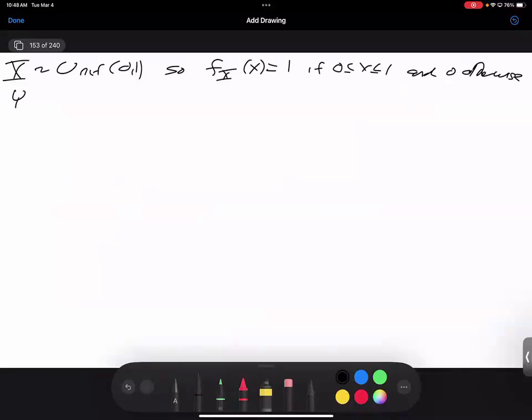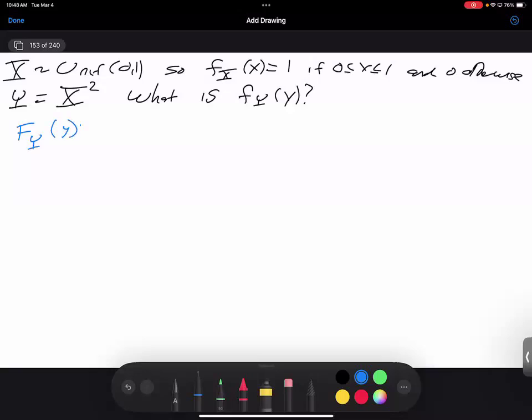And we want Y to be X squared, and we want to find out what is the density of Y. Well, let's calculate the cumulative distribution function of Y. This is the probability that Y takes on a value at most little y. And if we can figure that out, and then differentiate, we would get the density of Y.